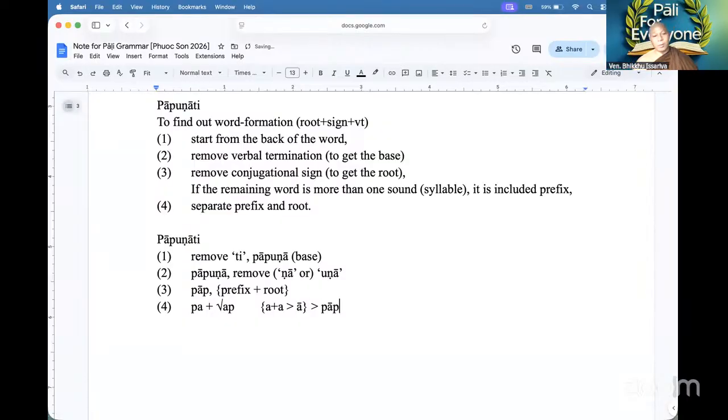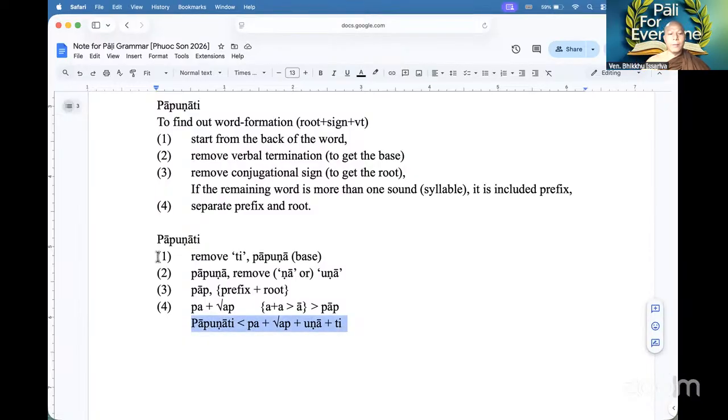So finally, when we combine together, babunati is the combination of the ba prefix, bu the root, and then the conjugation sign suffix una and the ti. Now this one is the right answer.